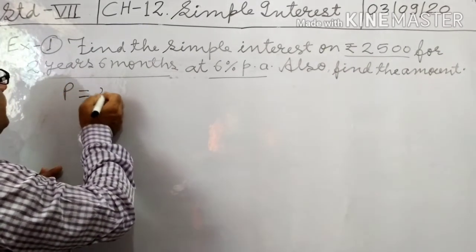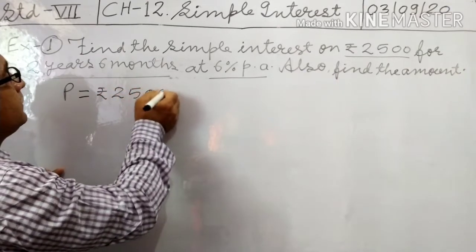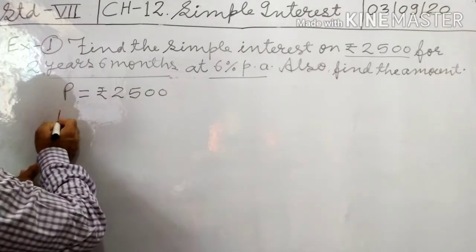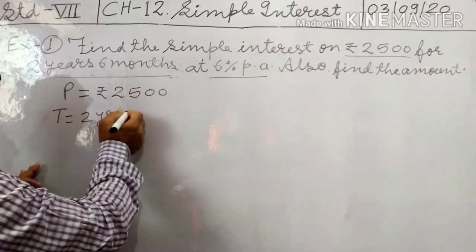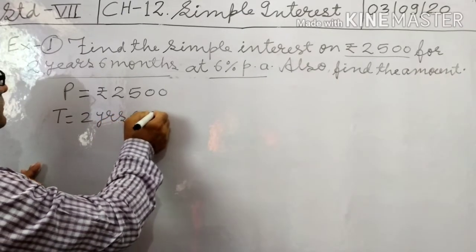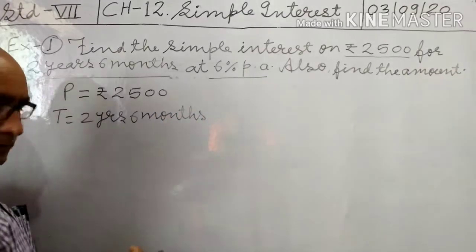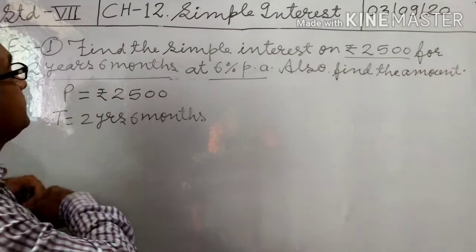Principal equal to rupees 2,500. Time equal to 2 years 6 months.